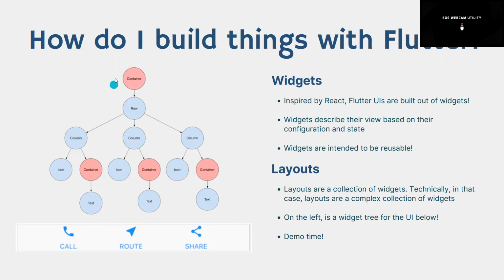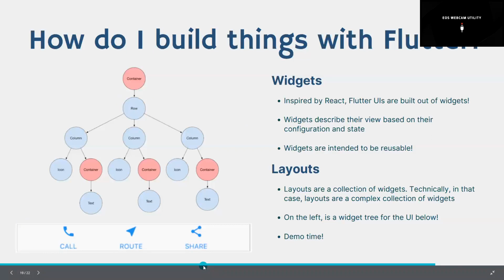container widget, and that houses a bunch of things in it. So as you can see, it contains a row. That row there is essentially this whole section right here, this whole component.